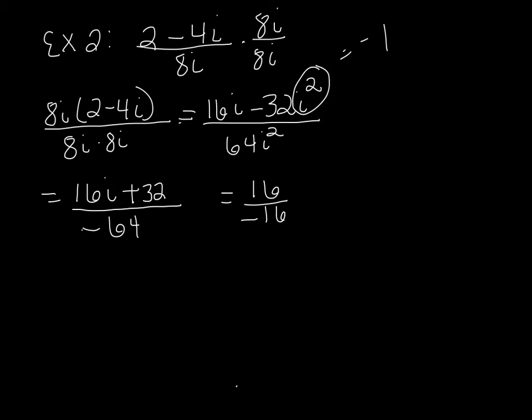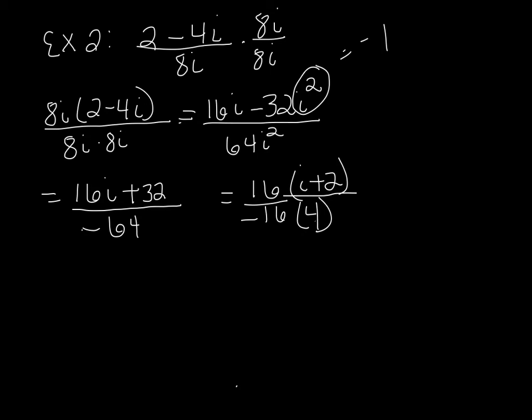It doesn't really matter. Okay, but what that leaves you with then is an i plus 2. On the bottom, it's a 4. Oops, I'm sorry, not 48, 64. Okay, so here, 4, there.